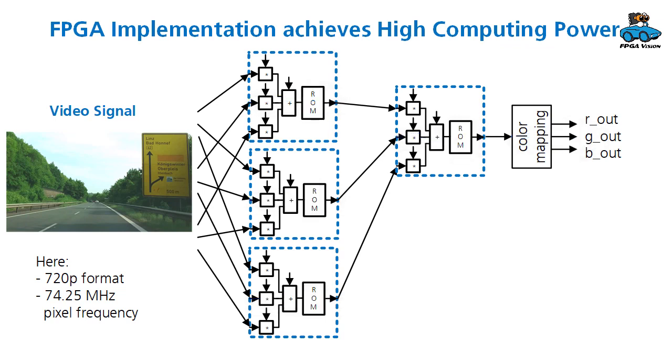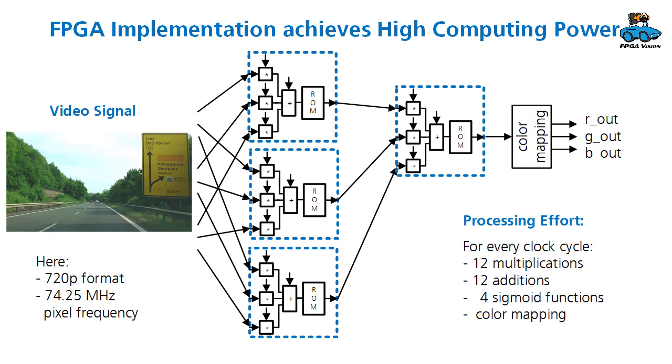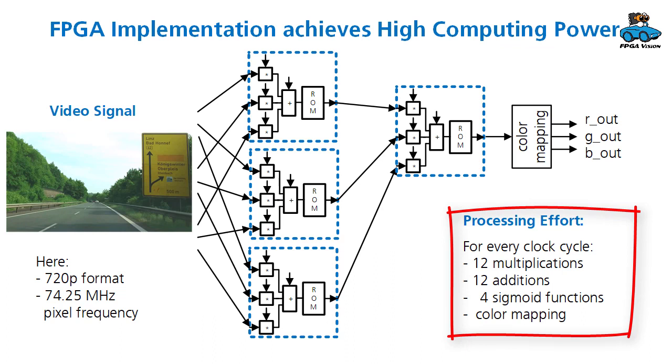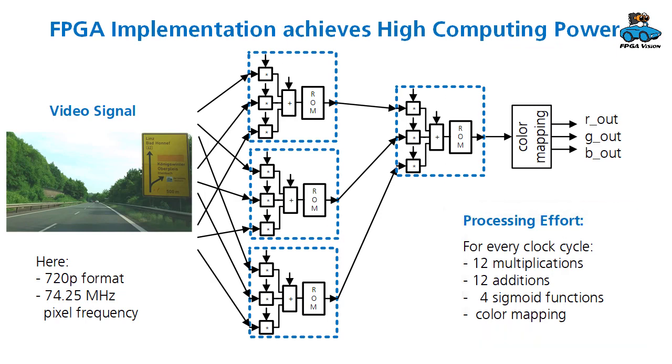We map algorithm and hardware structure. This means that all the computations are done in hardware in parallel. Therefore, our implementation is able to handle the required processing effort of 12 multiplications, 12 additions, 4 sigmoid functions, and the color mapping for every clock cycle.